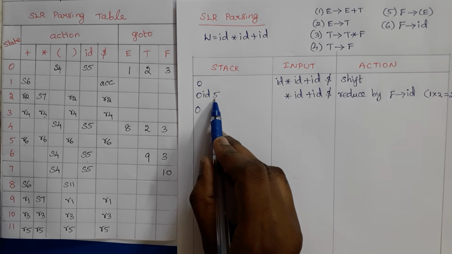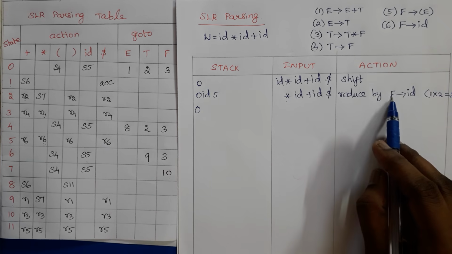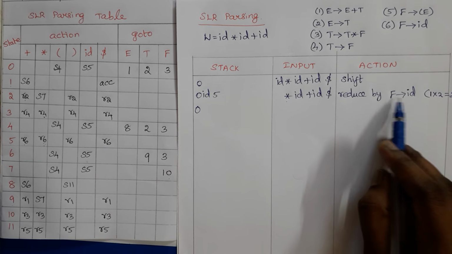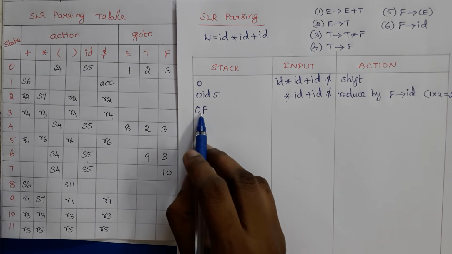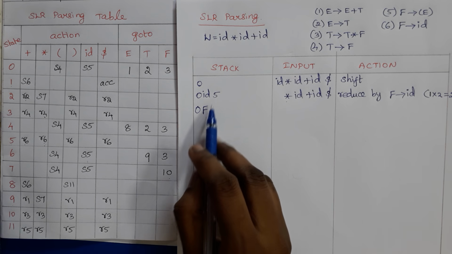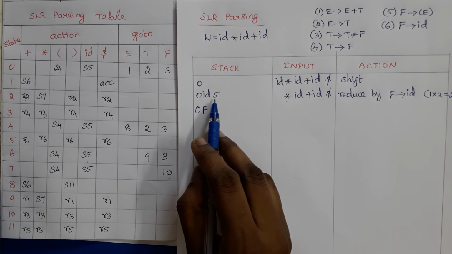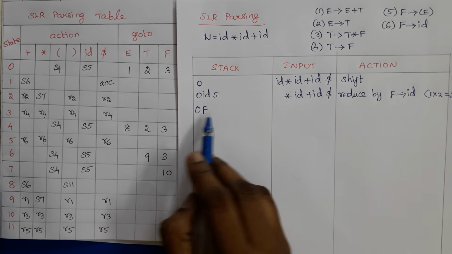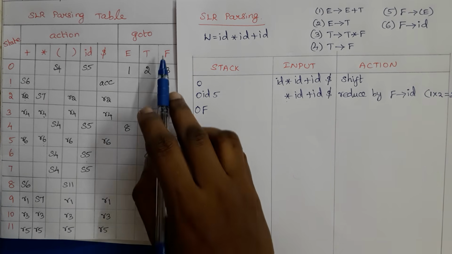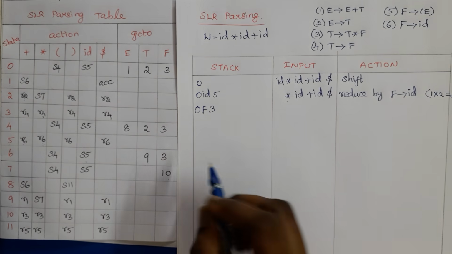So two symbols must be popped from the stack, and then we push the left side of the production, F. Because every time the top of the stack should contain a state, we refer to the goto table for 0 and F. 0 and F is 3, and that should be pushed onto the stack.